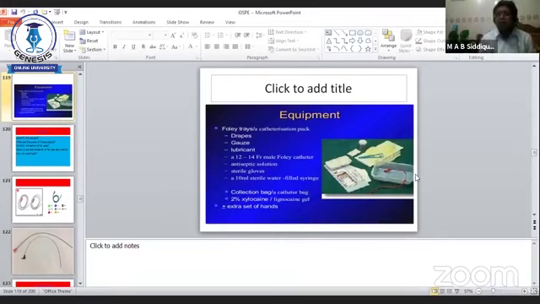So everything should be kept at your site of catheterization, like the catheter, drape, gauze, lubricant, the appropriate size of the catheter, antiseptic solution, sterile glove, distilled water, collection bag, and xylocaine jelly.